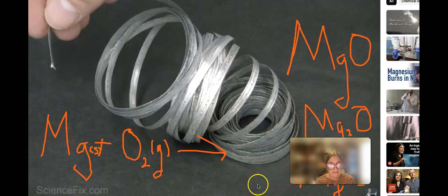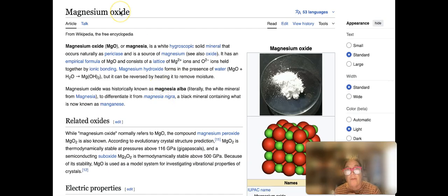What is the formula for magnesium oxide? And here's the formula for magnesium oxide, MgO. So now we know what the product is. Now we can go back and balance the equation.